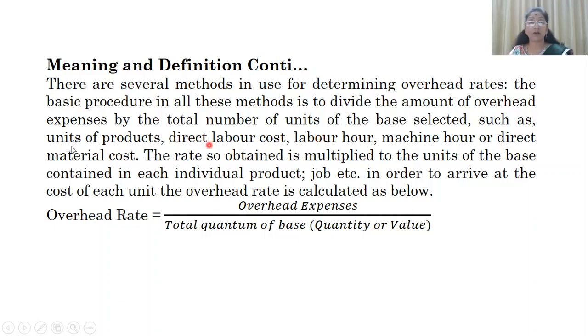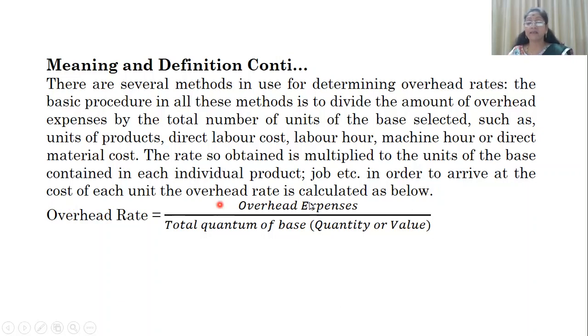What are the bases? Units of products, direct labor cost, labor hour, machine hour, or direct material cost. The rate so obtained is multiplied by the units of the base contained in each individual product, job, etc., in order to arrive at the cost of each unit.